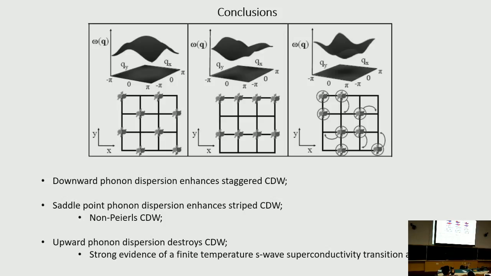That's one thing that happens in real materials. And for this other kind of dispersion, you can have charge density wave, but if the phonon bandwidth is large enough, you can destroy charge density wave and create superconductivity. So basically, this is the partial conclusion of our work.